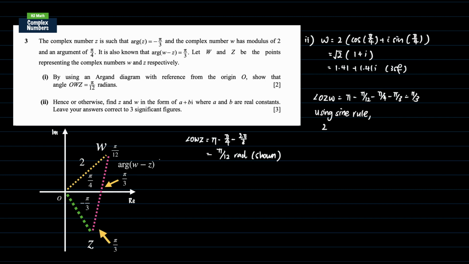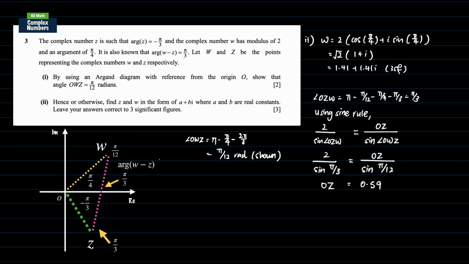Now using the sine rule, we will have 2 over sine OZW equals to OZ over sine angle OWZ. Simplifying, we will have 2 over sine pi over 3 equals to OZ over sine pi over 12. Now making OZ the subject, the value would be 0.59772.